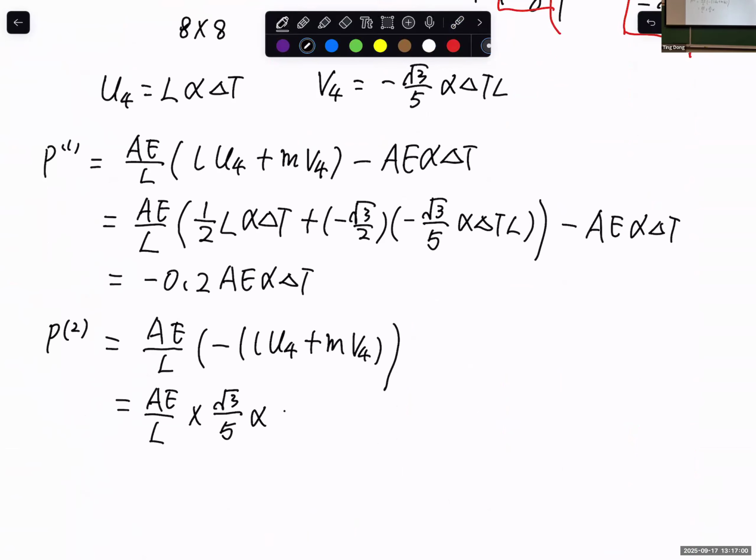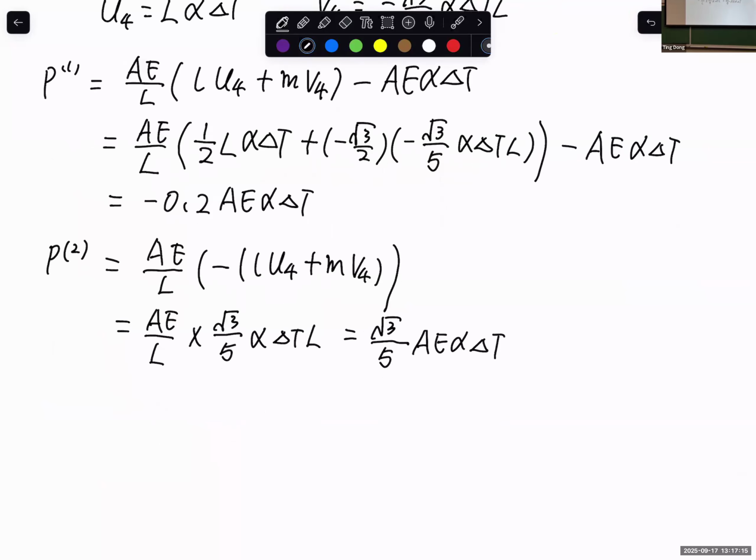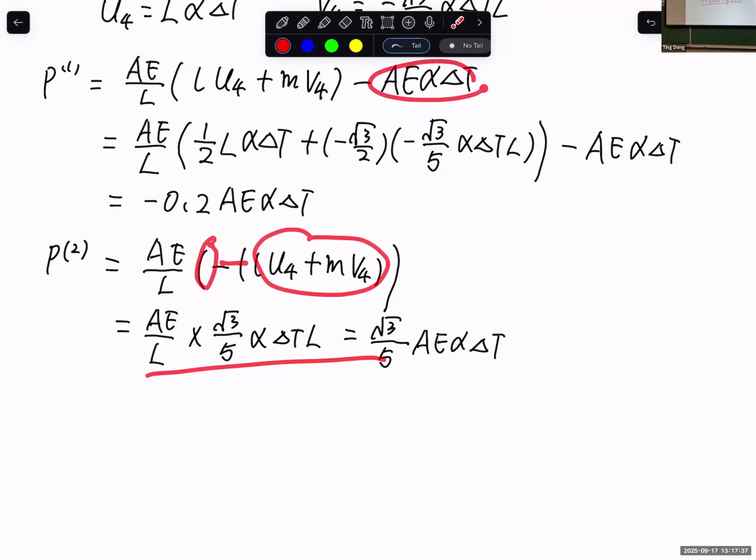Five alpha delta T L. AE alpha delta T. Right, there should be 0 here. It basically represents L U2 plus M V2, but because U2 and V2 are 0, this is a 0 term minus this, the first node of our element 2, and the temperature change term is 0 because delta T is 0 for element 2.